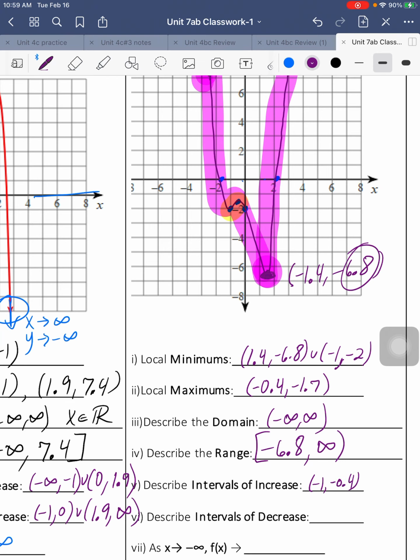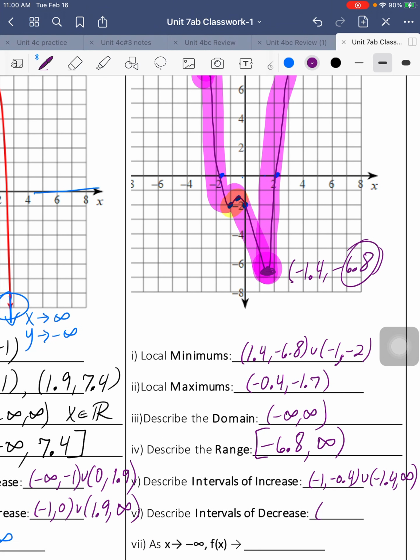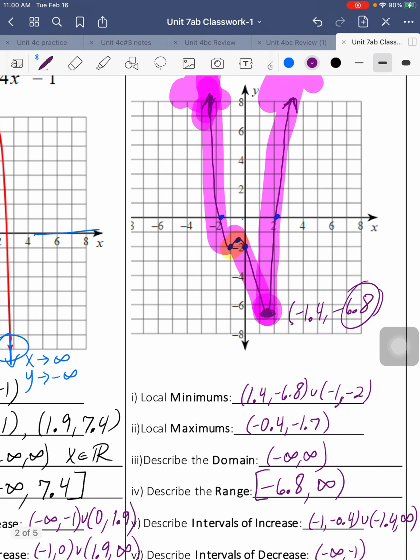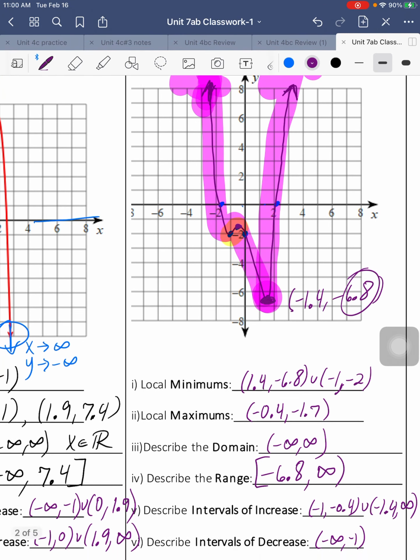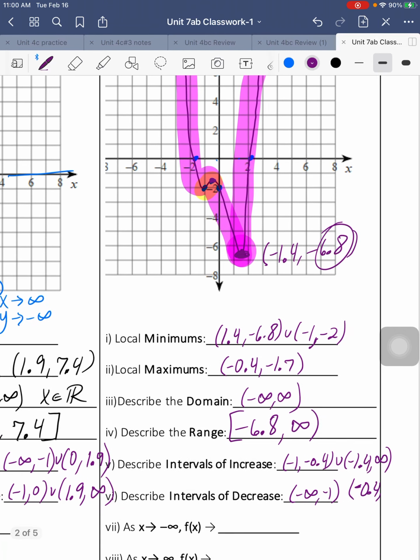It's going to increase from 1.4 to the right forever to infinity. Where's it going to decrease? It's going to decrease from the beginning, from -infinity to -1. And where else is it going to decrease? It's going to decrease from this little local maximum here at -0.4 all the way down to 1.4.